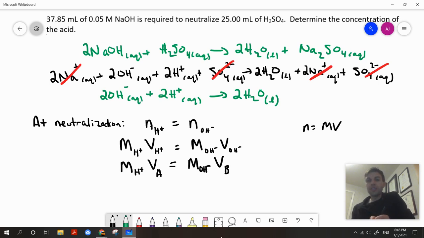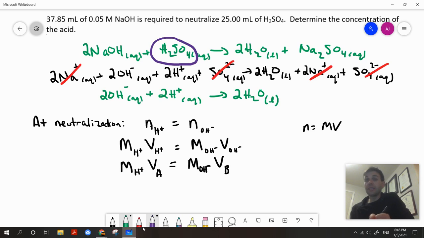The concentration of hydrogen ions is going to be dependent on the number of hydrogen ions in the formula of the acid. And this is a great example here. Let's look at this line at the top. We have 1 mole of sulfuric acid.